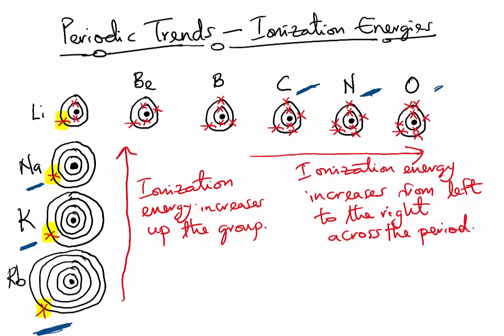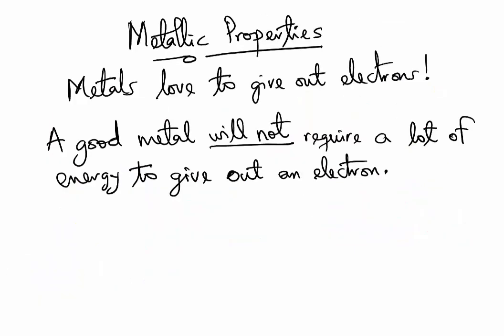Let us now take a look at metallic properties. The first thing to note about metals is that they readily give out electrons. That is, metals love to give out electrons, which means that a good metal will not require a lot of energy before it can give out an electron.